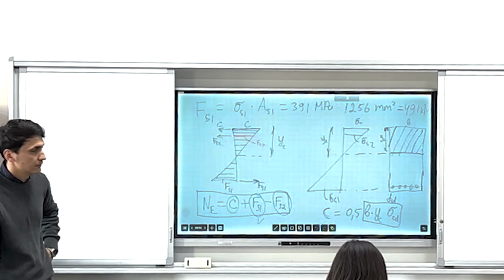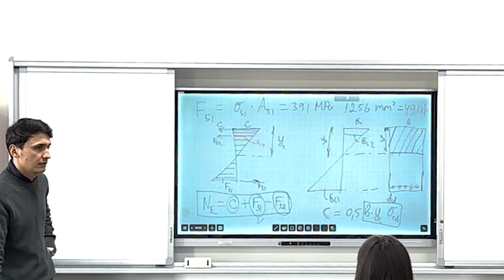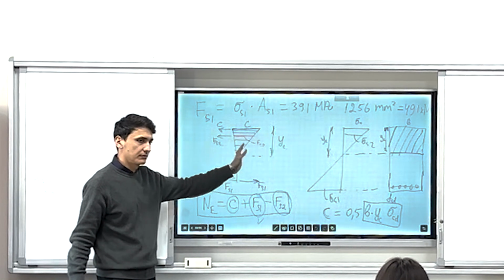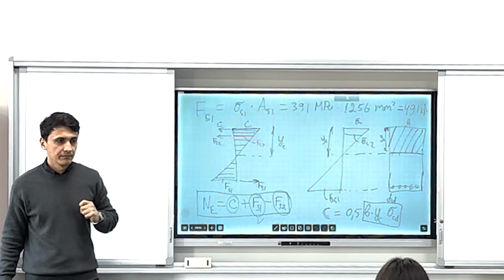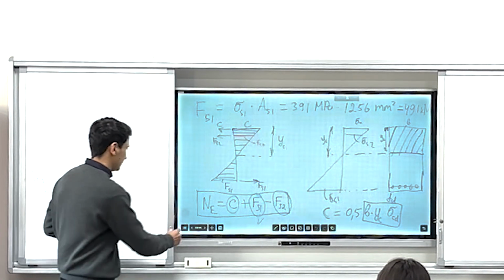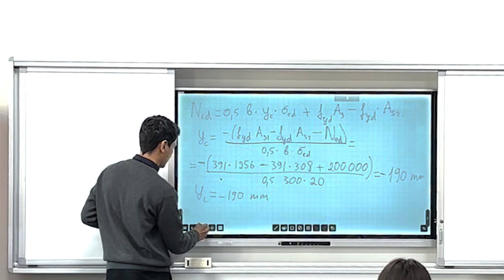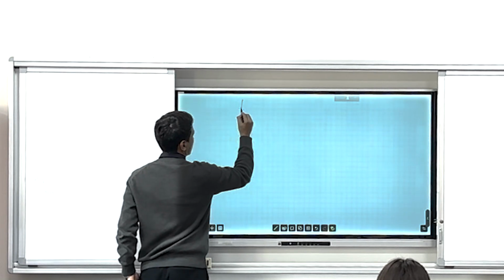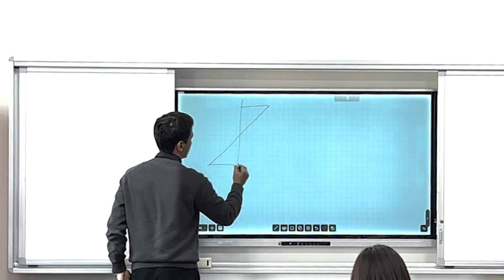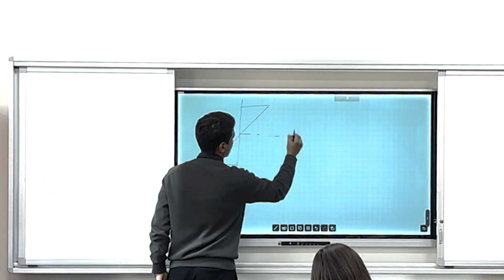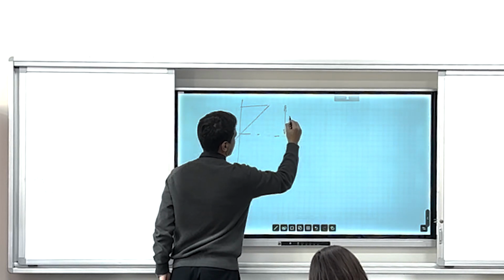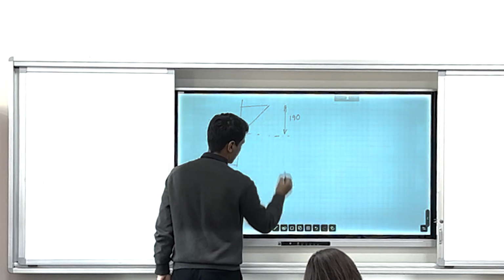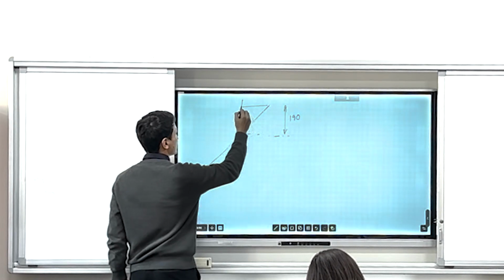Is it clear how we're gonna find? We will use just a linear relationship between stress and strain curve. Okay, so this is our YC. Let me write. Okay, let's leave it like this.